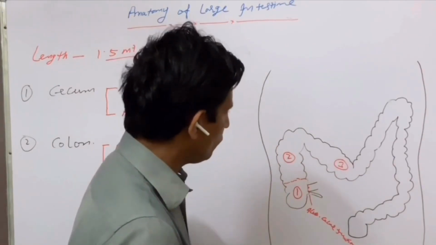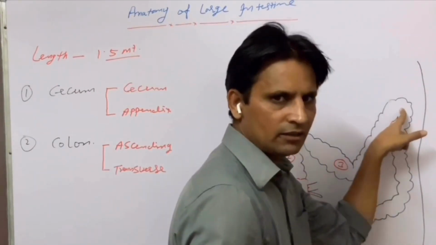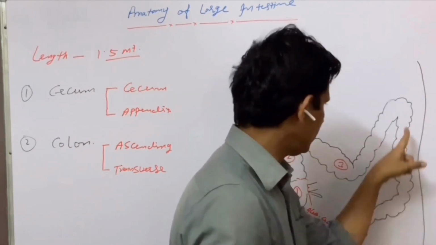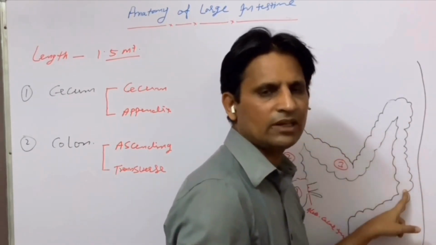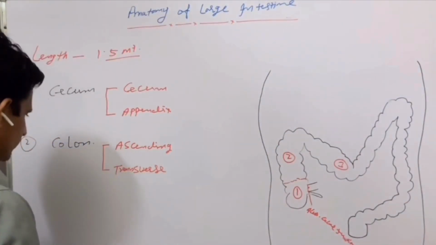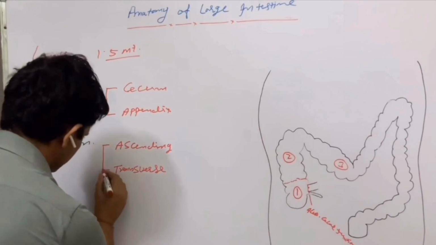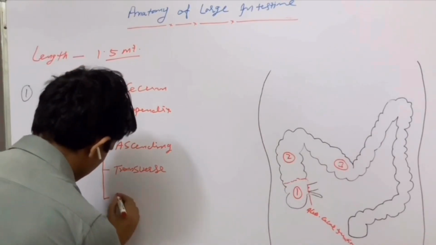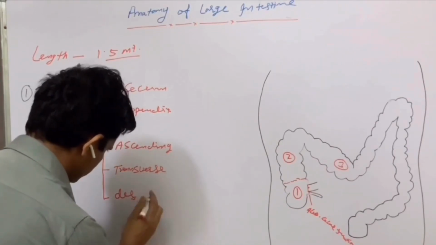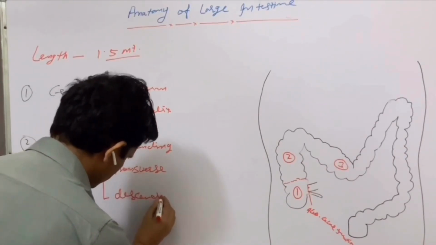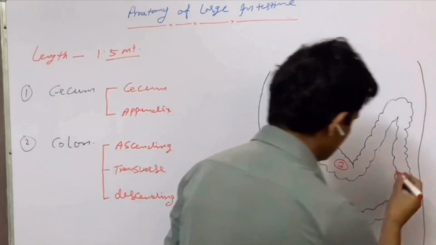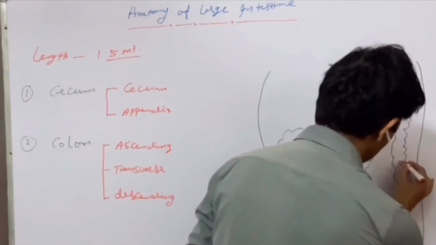And the next part starts from here and runs downward. That's why it is named the descending colon, right?